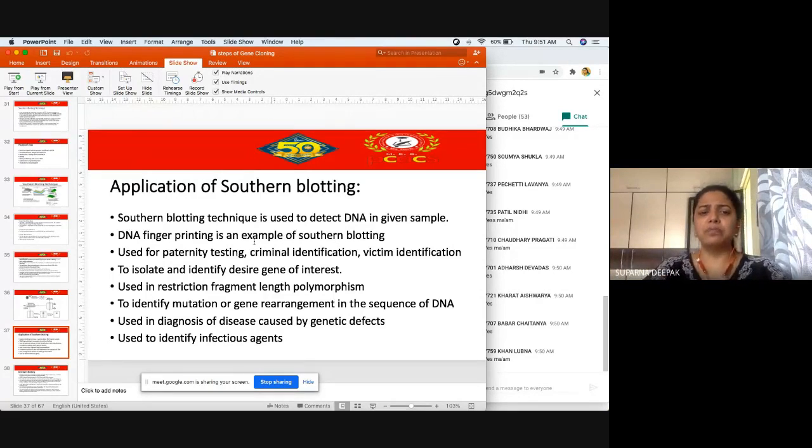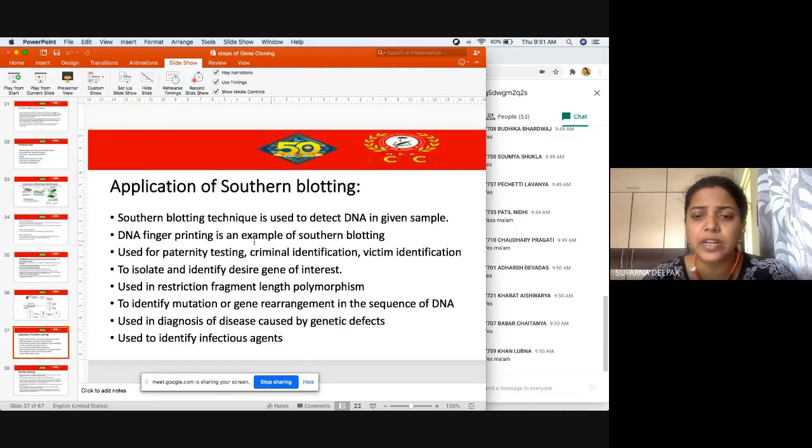Then for cloning purposes, it is used to isolate and identify the desired gene of interest. It is also used in restriction fragment length polymorphism, RFLP. Just as with DNA fingerprinting, RFLP is one of the markers. Not only for humans but for other types of genes also, RFLP can be used to identify mutations or gene arrangements in the DNA sequence.